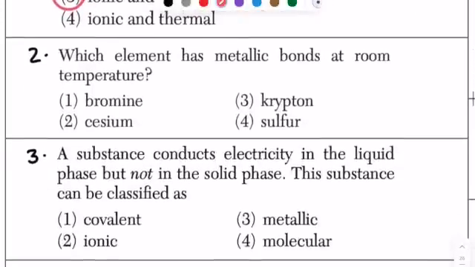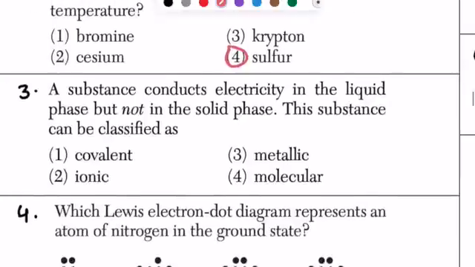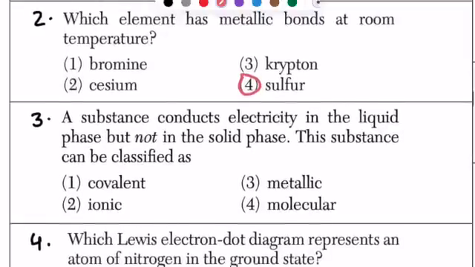Which element has a metallic bond at room temperature? Only metals have metallic bonds. So you're looking for a metal. Not sulfur, sulfur is a non-metal. That will be cesium. A substance conducts electricity in the liquid phase but not in the solid phase.